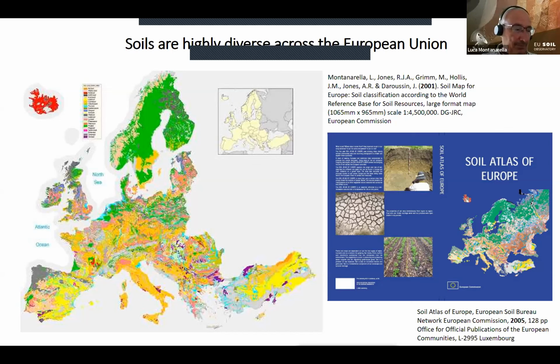Soils have the property that they are extremely diverse across the European Union, across Europe in general, across spatial distance. So soils can be very different in different areas and in different locations. This means that you have very different chemical, physical, and biological properties that cannot be treated in a homogeneous way like we do for air and water.